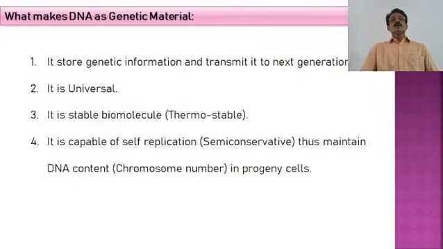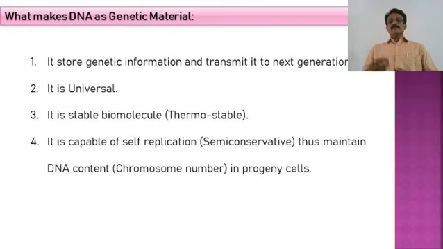Now we have to see what makes DNA a genetic material. What are the properties that make DNA a genetic material? The first property is that it stores genetic information and transmits it to the next generation. It is universal. It is a stable biomolecule, particularly thermostable, and it is capable of self-replication.